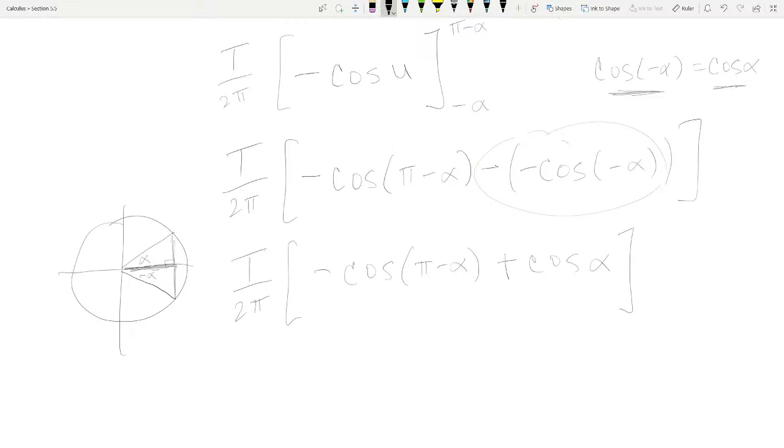Okay. Now, using the periodicity of cosine, so cosine of pi minus alpha, what's that? Let's look at it. So what is pi minus alpha? Pi minus alpha would be this angle here.